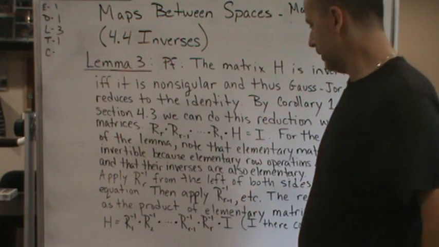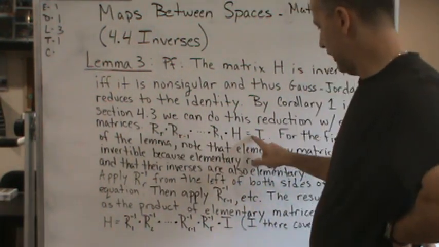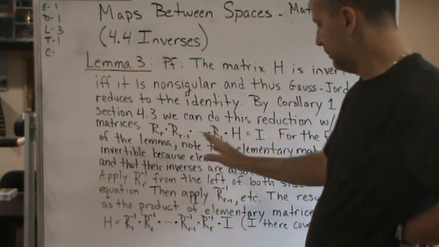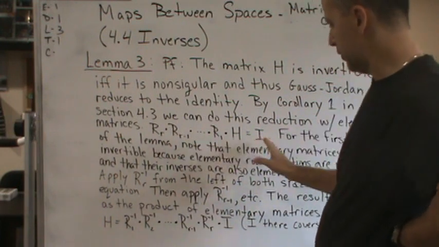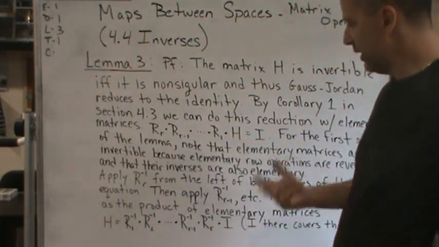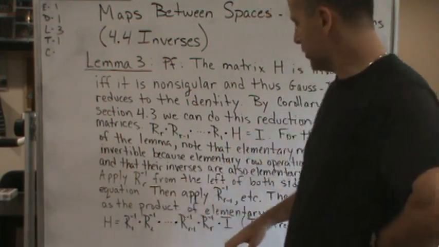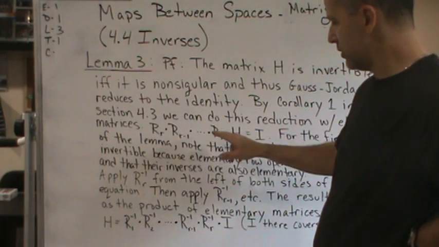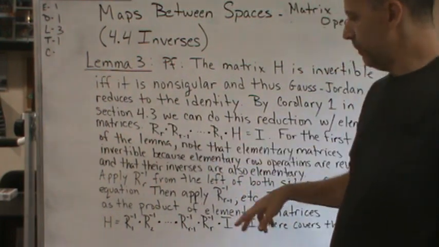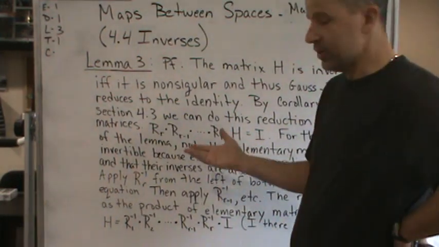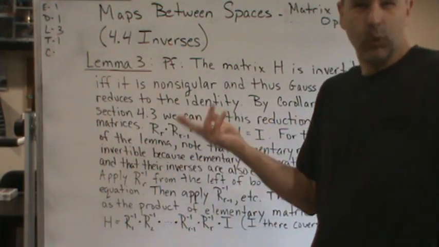Because over here, we're going to have R inverse. We're multiplying both sides of the equation by the subsequent inverses. And so all these matrices are going to become I, and so it's just the identity matrix, which is basically like 1, right?